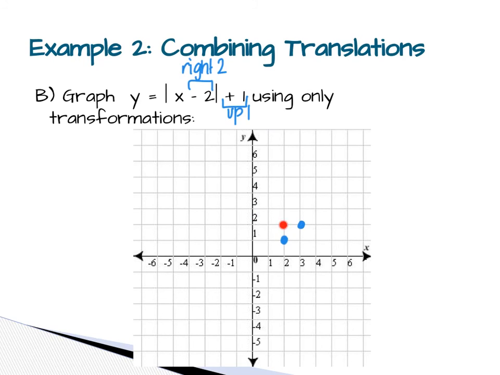Instead of being at 2, 2, we're going to go up 1 and right 2. I got that side. And then the other side, instead of at negative 1, 1, we're going to go up 1, right 2. And then instead of being at negative 2, 2, we're going to go up 1, right 2. You have your graph.